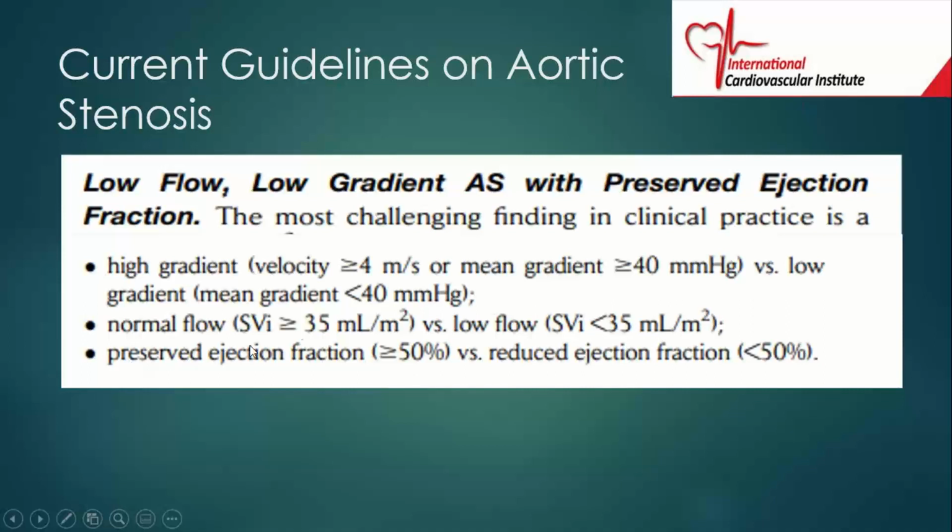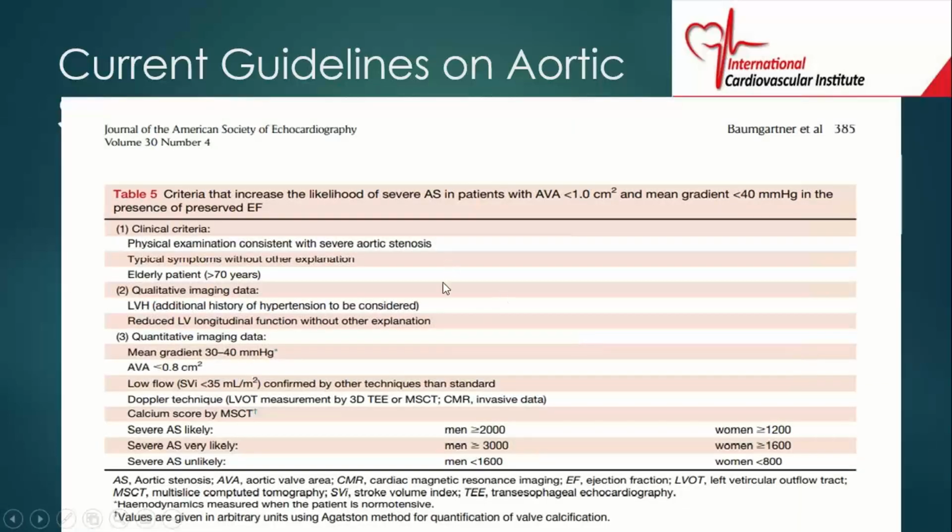For preserved ejection fraction, EF is greater than or equal to 50%. For reduced ejection fraction, less than 50%. So this is how you should start approaching these patients with severe stenosis.